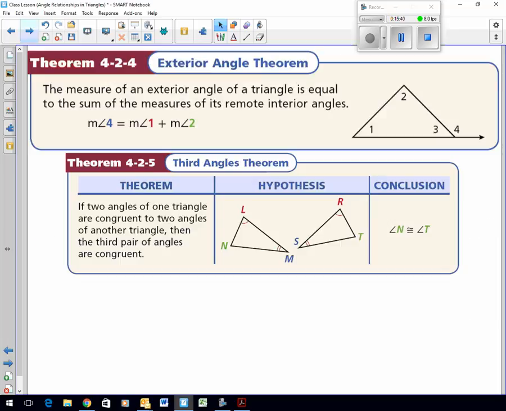The measure of an exterior angle is equal to the sum of the measure of its remote interior angles. Write down the theorem. The measure of an exterior angle of a triangle is equal to the sum of the measures of its remote interior angles.